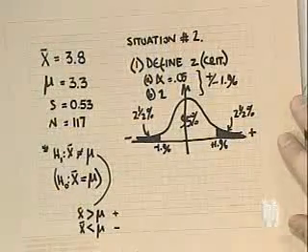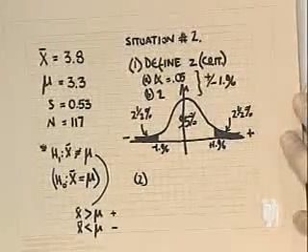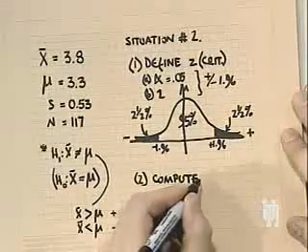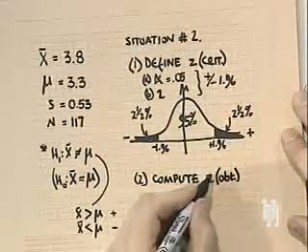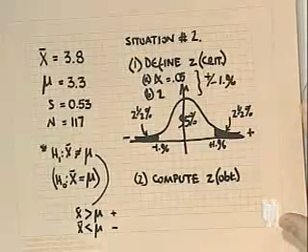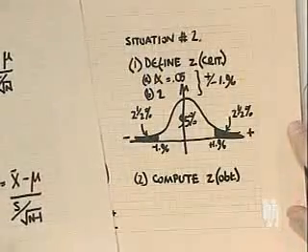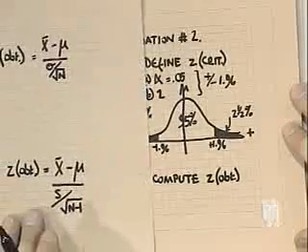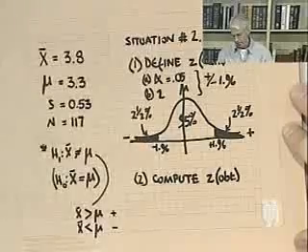So we've defined the critical value of z. The second step is straightforward. It's to compute z obtained or z observed. All we have to do here is invoke the correct formula. And the correct formula here is x bar minus mu divided by s over the square root of n minus 1.